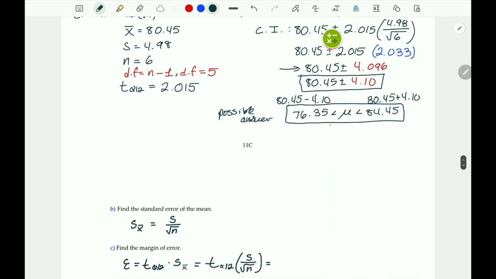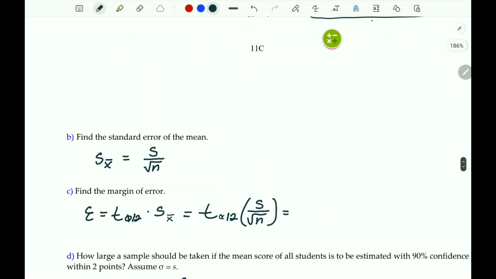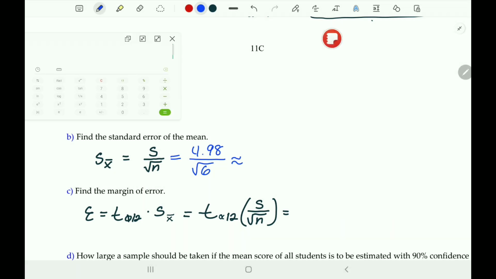That's in blue. So we can do it again just to prove that it's 2.033. That's going to be the standard deviation of 4.98 divided by the square root of 6. Keep that in blue. And if we divide that again, that's going to be approximately 2.033.